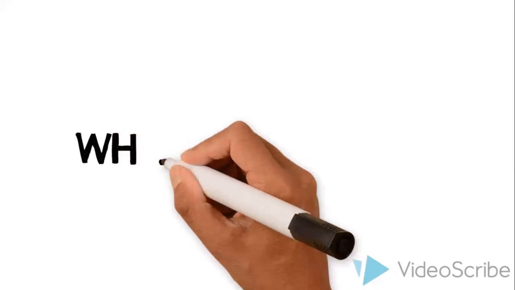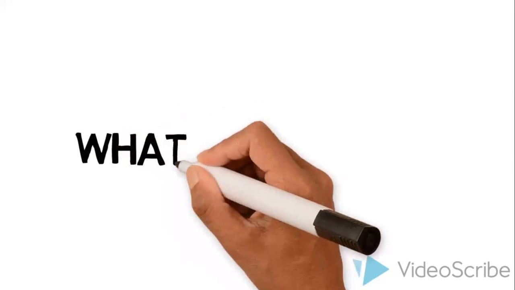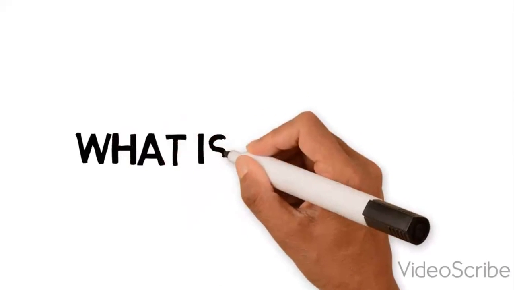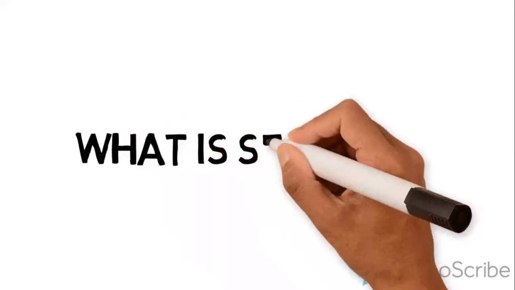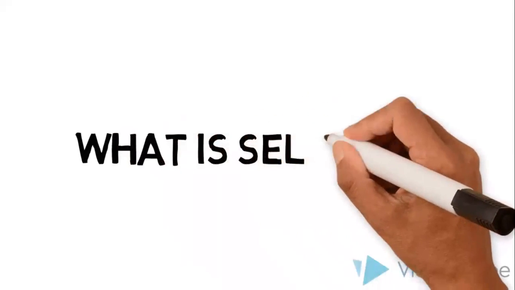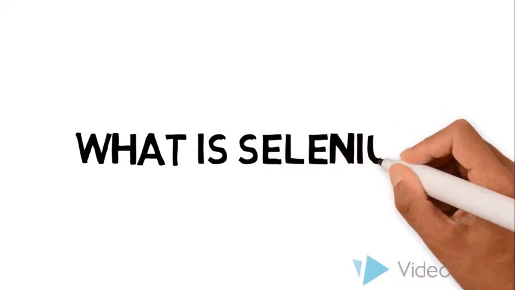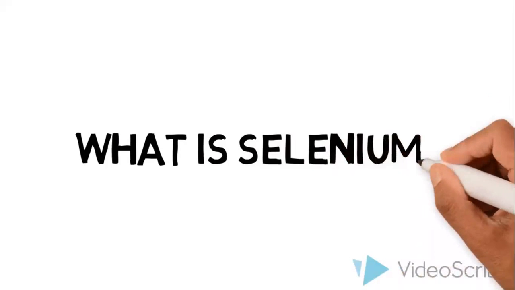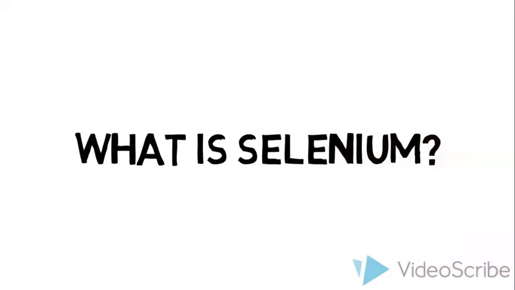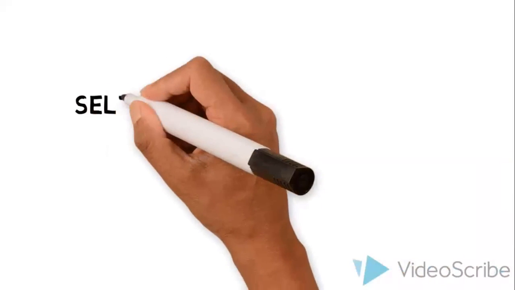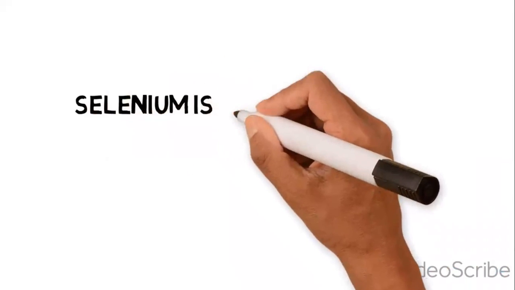Now, let us try to take a closer look at what this Selenium WebDriver is all about, or what this tool Selenium is all about. Let's try to put a definition and understand this tool. So Selenium is primarily an open source tool.